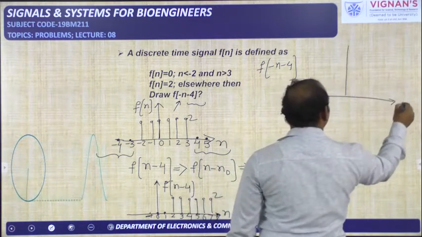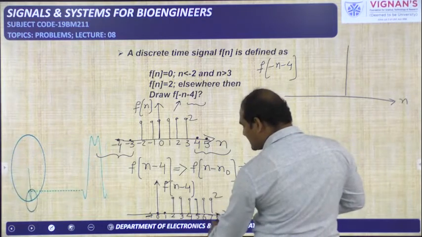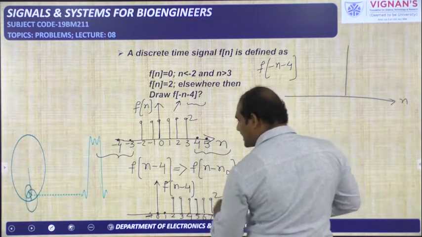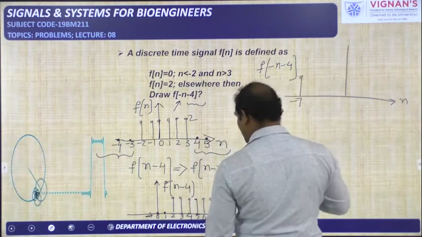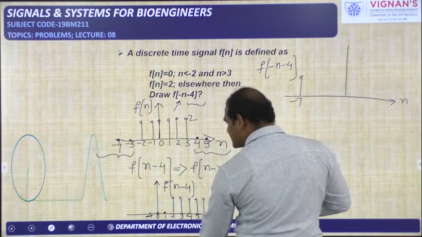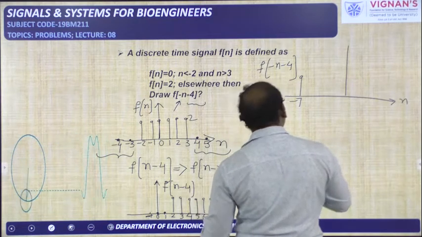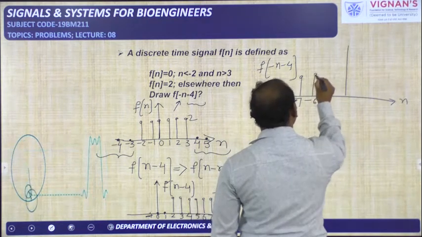Whatever sample is available at n equal to 7 will be available here at minus 7. The sample at n equal to 6 in this signal will be at minus 6 in the time reversed version.